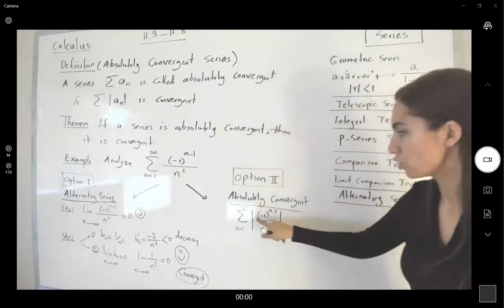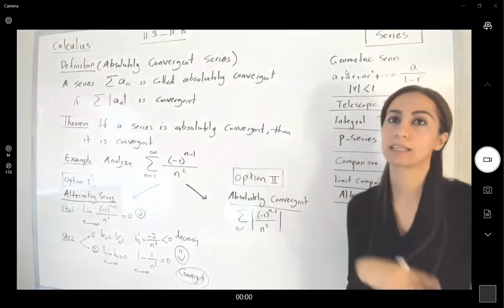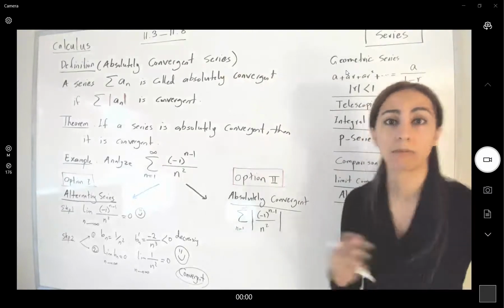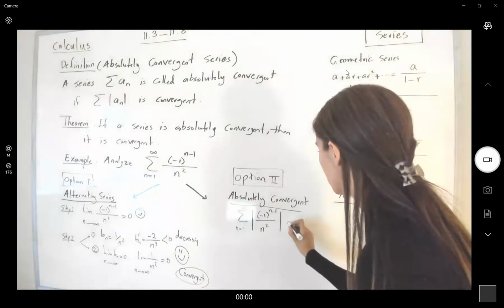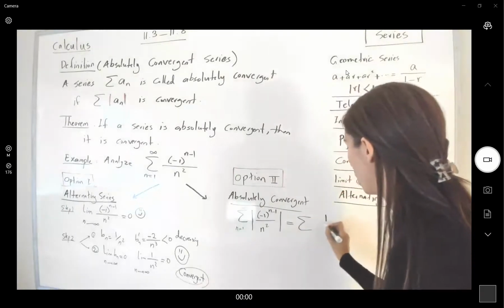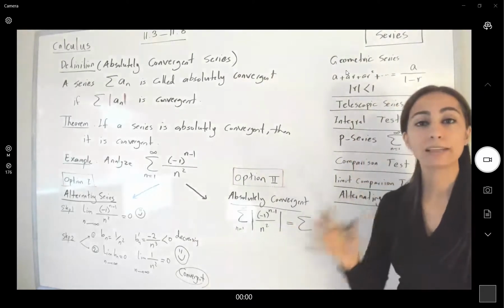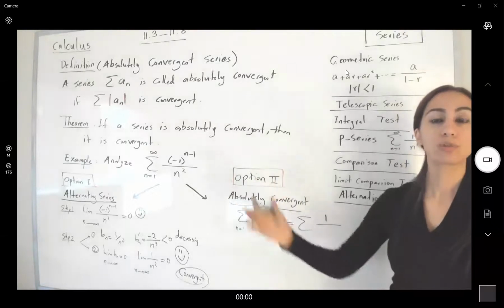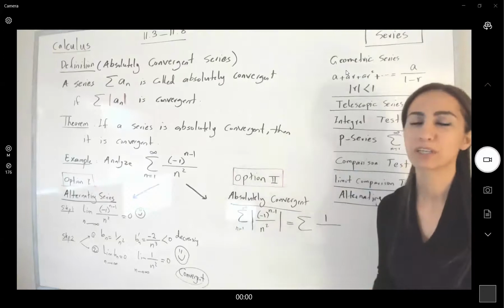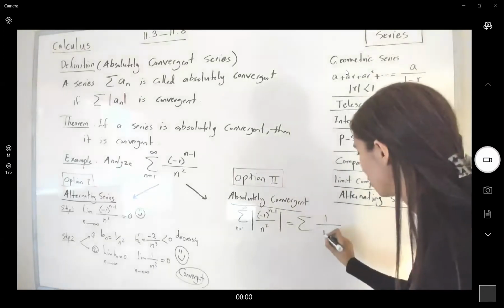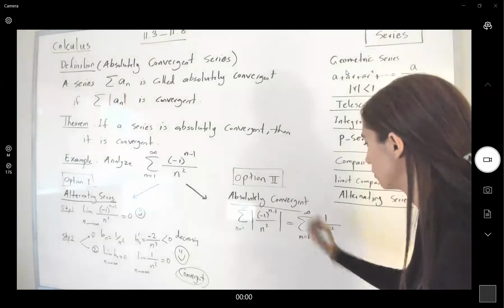On your numerator, you have -1 with different exponents. It means that it oscillates between positive 1, -1, positive 1, -1. Its absolute value is always 1. So this is equal to the series 1 divided by the absolute value of n squared. N squared is always positive. The absolute value of positive terms is equal to those terms. There is no change. And it starts from 1 to infinity.